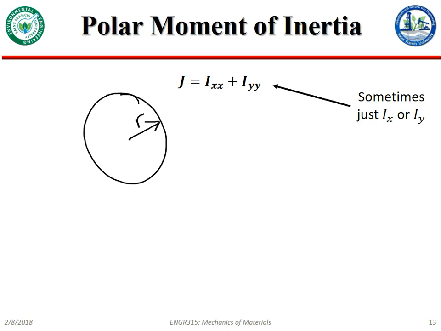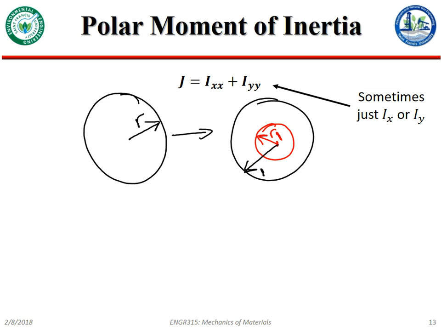If I have that same shaft, but I hollow it out a little bit, so I have some inner radius R1 and some outer radius, that's going to be easier to spin, right?